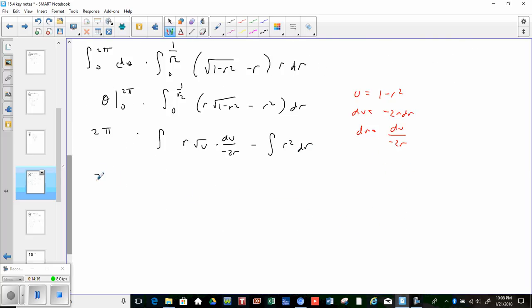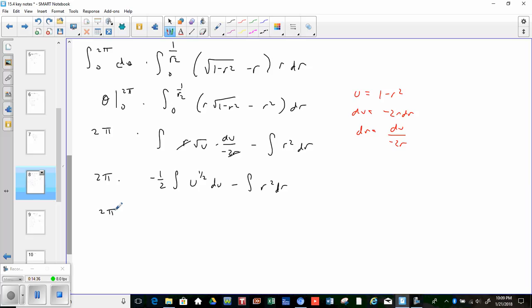So again, bring down the 2 pi. On this one, the r's are going to go away. I can pull out the negative 1/2, and that leaves me with an integral of u to the 1/2 du, minus an integral of r squared dr.